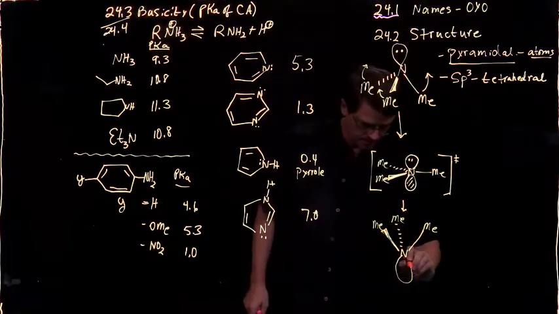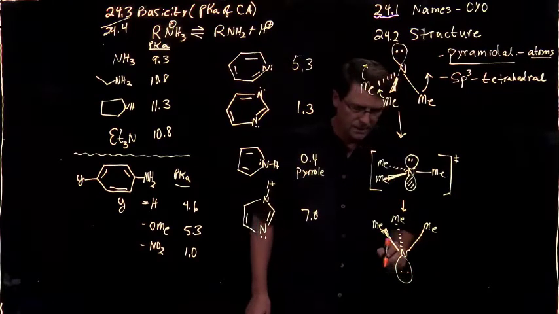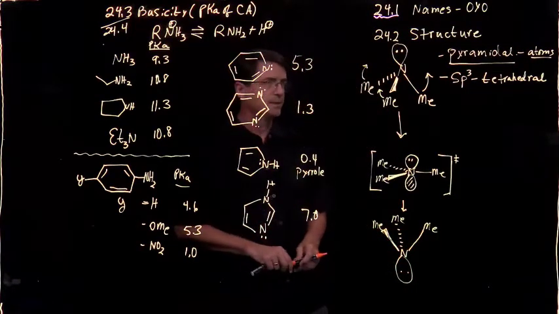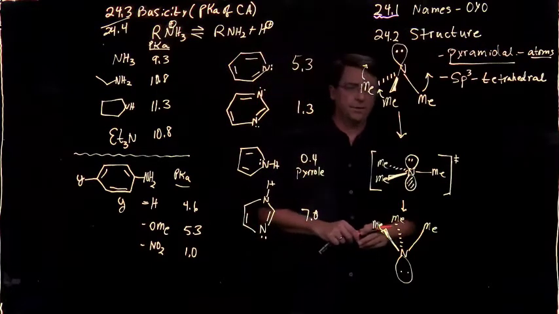And again, there's the lone pair. The lone pair has gone through the plane and is on the other side of the nitrogen there. So that's the umbrella inversion.